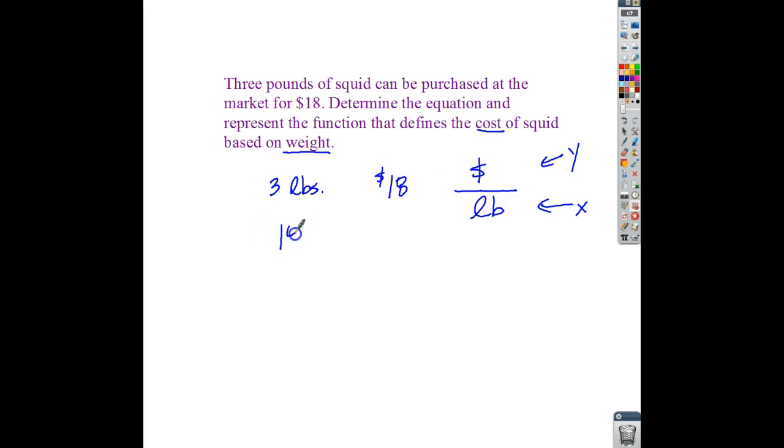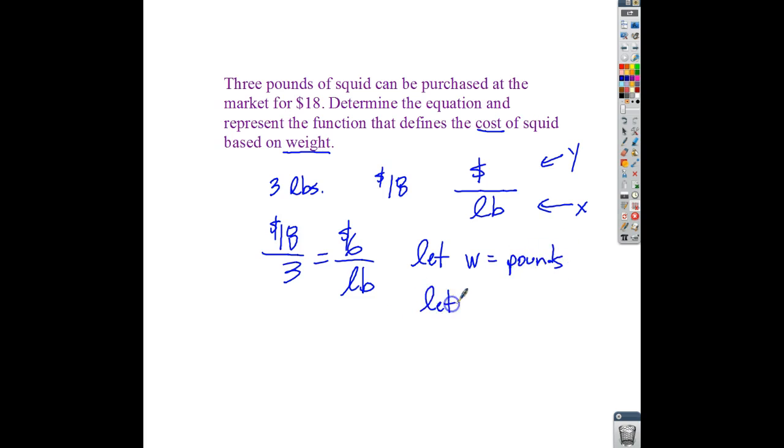All right, so I've got 18. I'm going to divide that by 3, and I get $6 per pound. Well, this is my rate. So let W equal pounds, for weight, and we'll let C equal the cost in dollars.